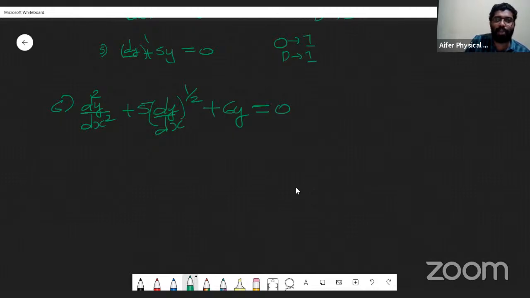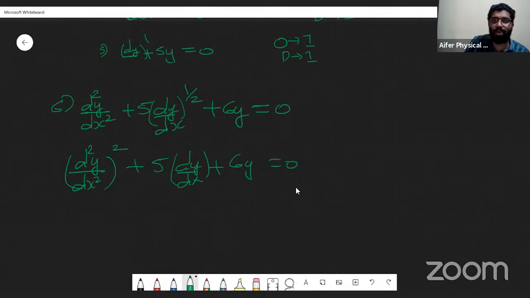So I am multiplying with the 2 first. So this becomes d square y by dx square, only the differential terms multiplied with the 2, plus 5 dy by dx plus 6y equal to 0. Once you multiply with the 2 in the power, that 1 by 2 will go to 1, right? So now it is free from the fractional powers.